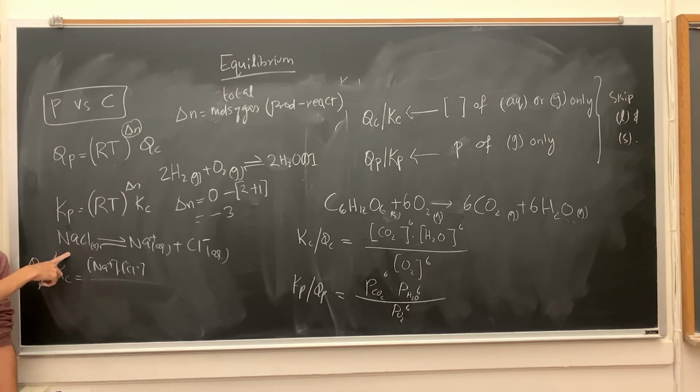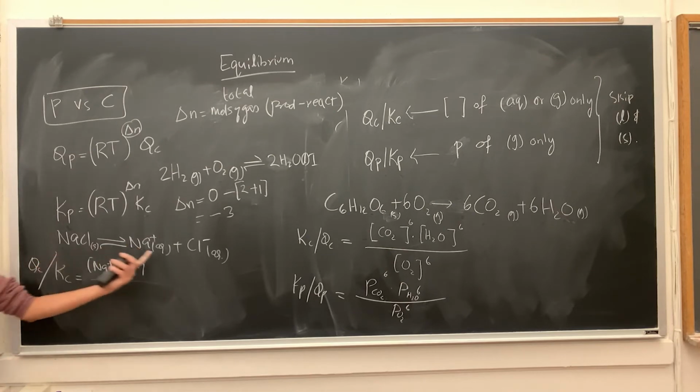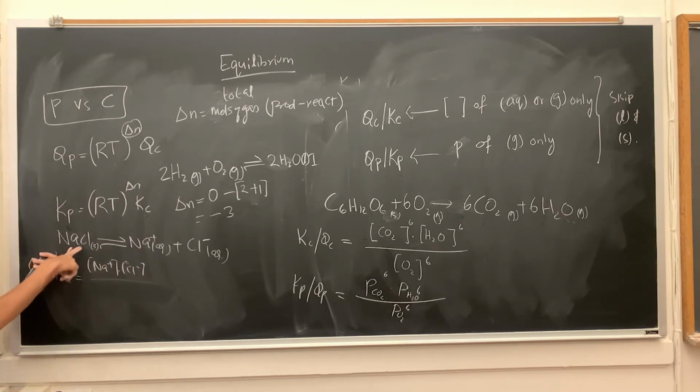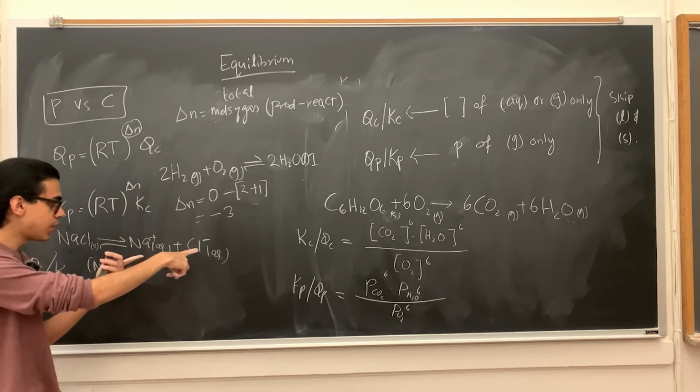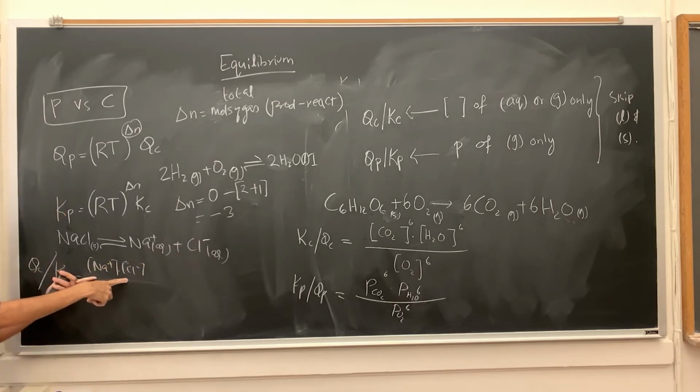This is an example of a dissolution reaction where something is dissolving. You don't need to write this down, but this is sort of a preview into the next chapter. Look at what's happening here. You always dissolve a solid and produce its ions, or produce the dissolved version of it. So it's only the products that enter. The reactant never enters in a dissolution reaction because it's always solid.